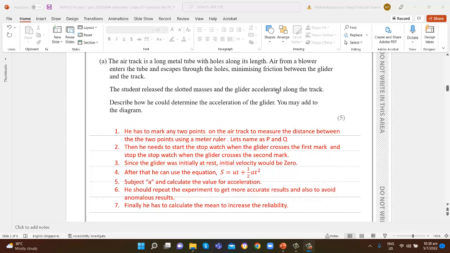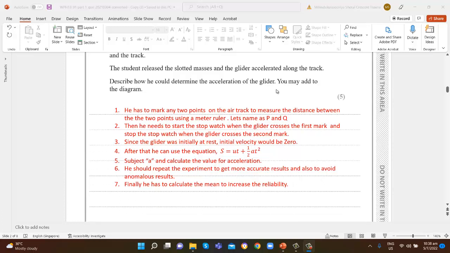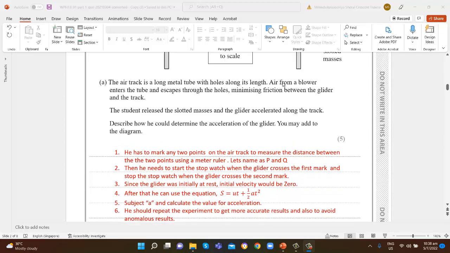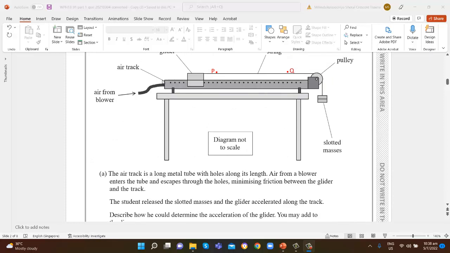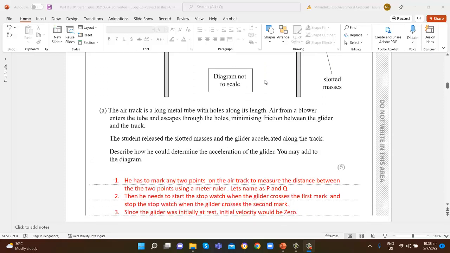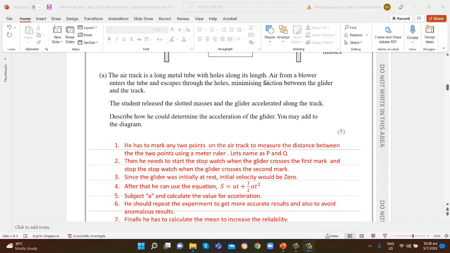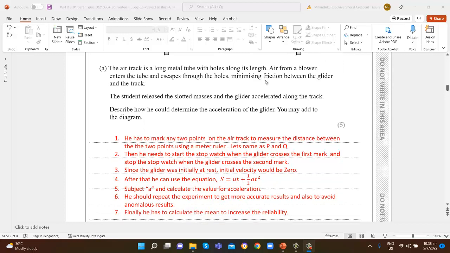to avoid anomalous readings, and then you can calculate the mean, and that will increase your reliability. So the problem is, now you know what's happening, but when you come to write, you are thinking and you don't know how to arrange your sentences in point form.